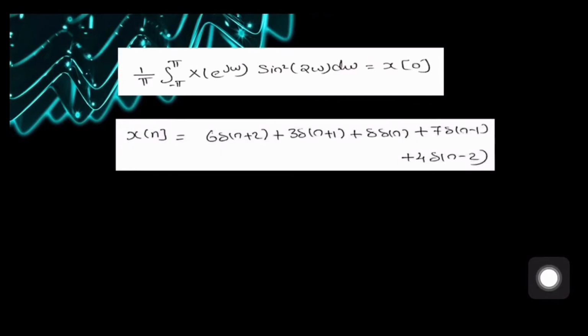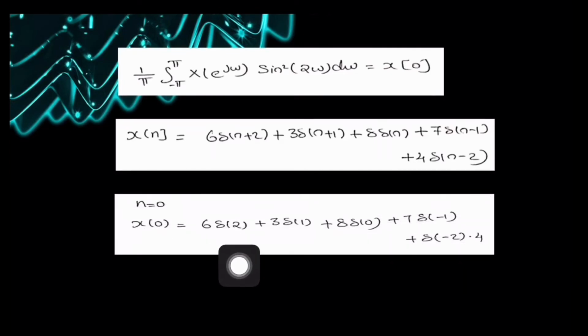Hope you remember x of n is given in the question as a sum of shifted impulses, and when we substitute n equal to 0 here, we get x of 0 is equal to 6 into del of 2 plus 3 into del of 1 plus 8 del of 0 plus 7 del of minus 1 plus 4 del of minus 2. Alright. Then what is the value of del of 2?